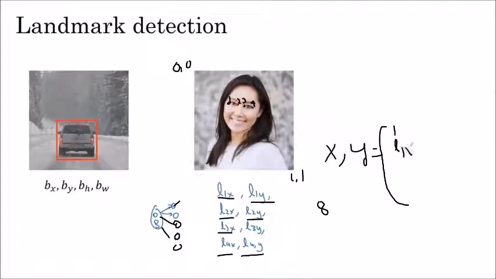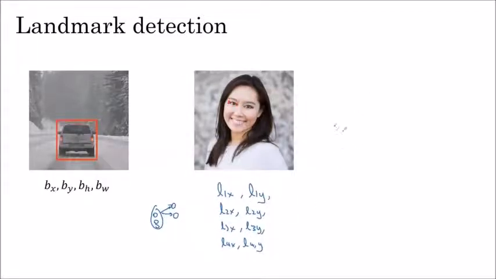For that, we are taking another 8 neurons, giving the coordinates L1x, L1y, and L2x, L2y, like that, 8 coordinates in the Y. So the first value tells whether a face is there or not, and the next values 1 to 8 describe the location of the eyes.